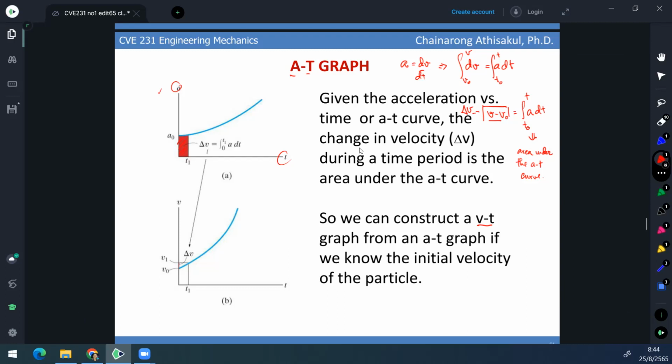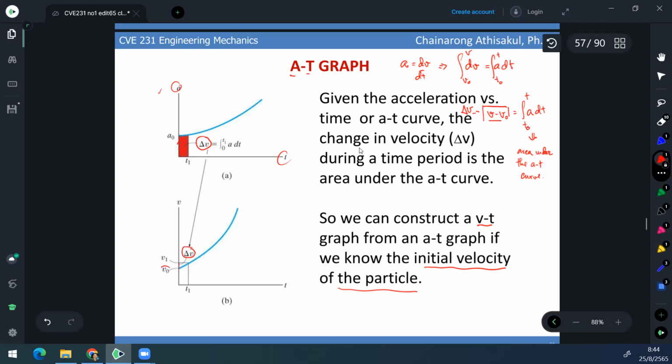But we have to know that it is the change in velocity. It is not equal to the velocity at that point. It is a change in velocity. So we have to know the initial velocity of the particle at each interval. For example, like this, we determine the red area of the a-t graph, and the red area is delta v.